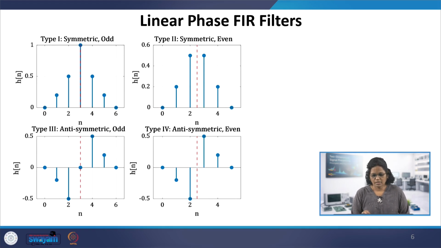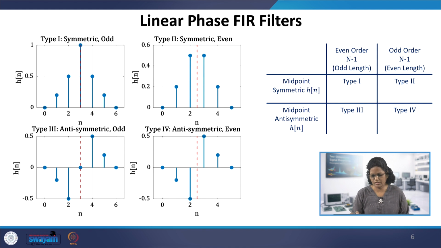Now, FIR filters are linear phase filters because the coefficients can be of these 4 types. We can have the coefficients as midpoint symmetric and midpoint antisymmetric, 2 categories, and depending on whether the number of coefficients is even or odd, we can classify them as 4 types.